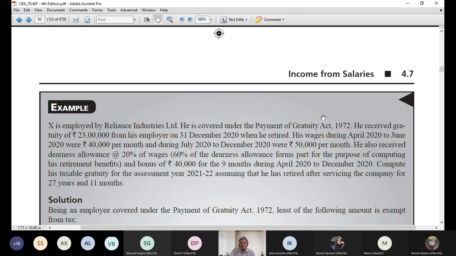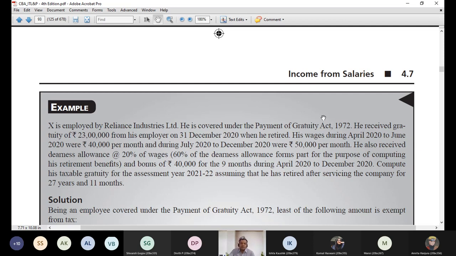You skip this bracket for the time being. And bonus of 40,000 for the 9 months during April to December. So in my previous year, when I worked for 9 months, I received the bonus of 40,000. This 40,000 is not per month bonus, it is not per year bonus, it is total 9 months bonus.